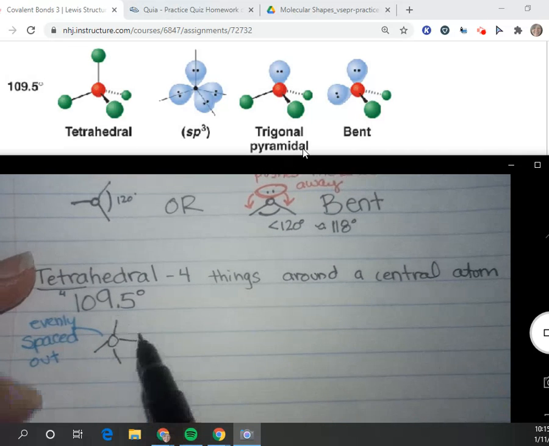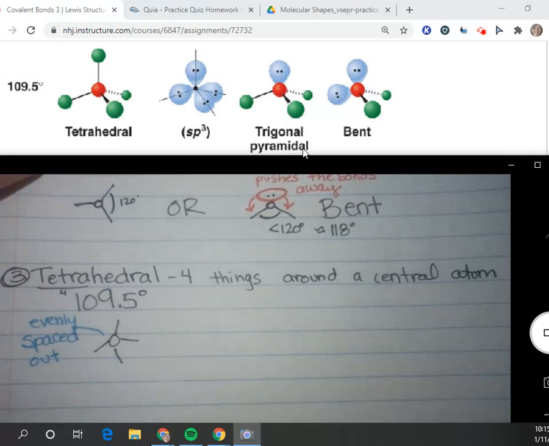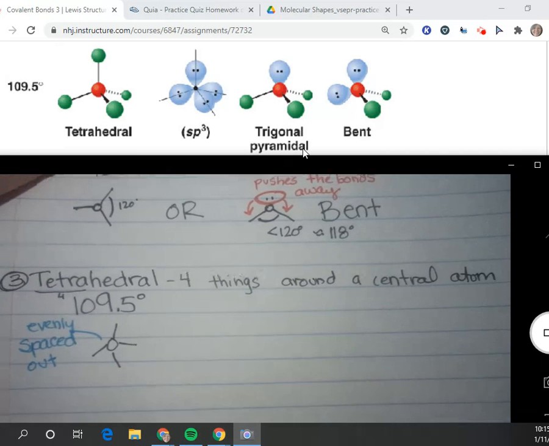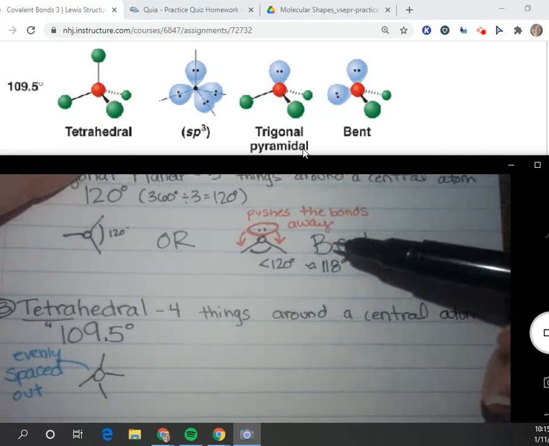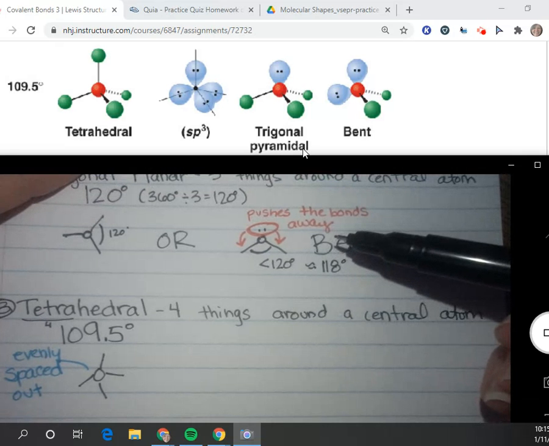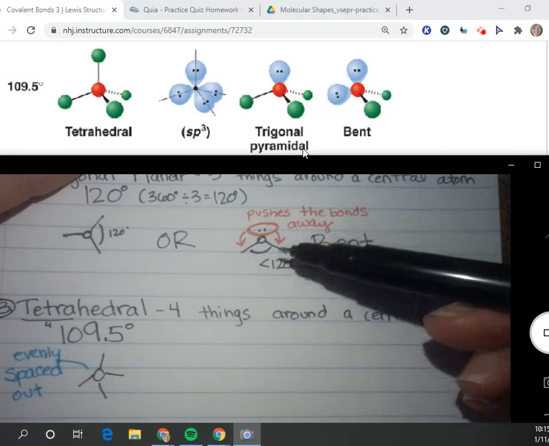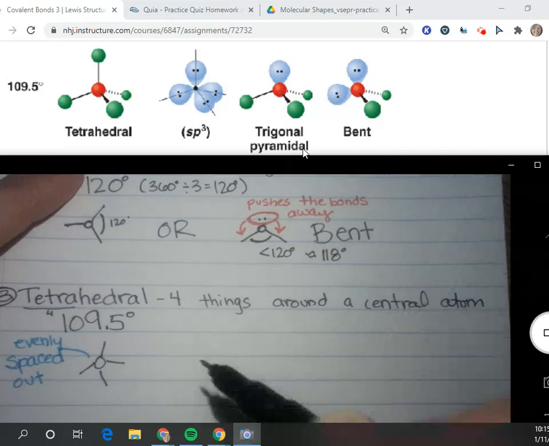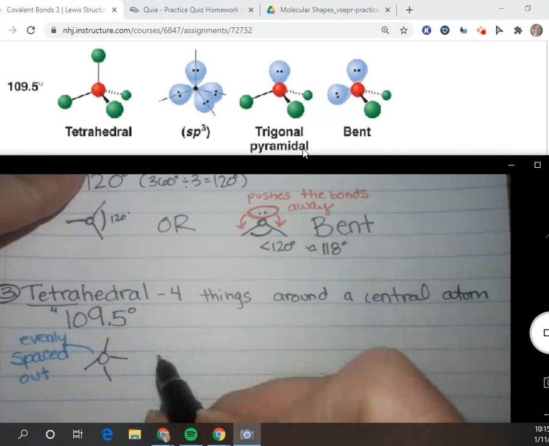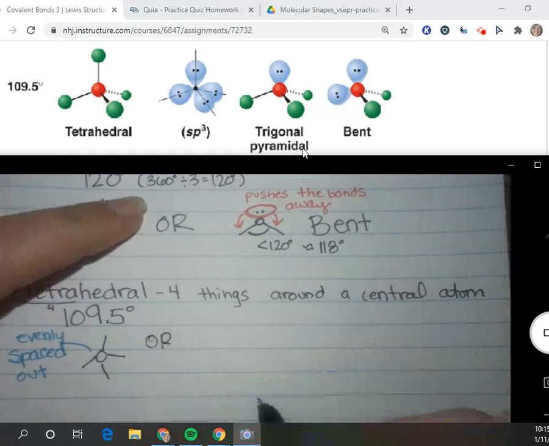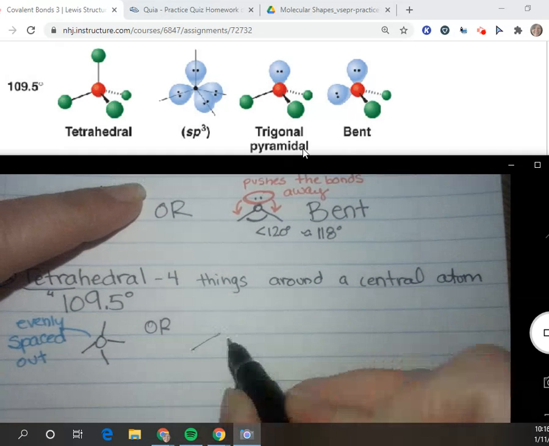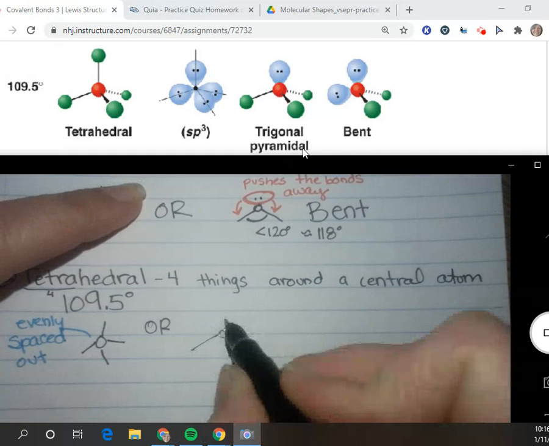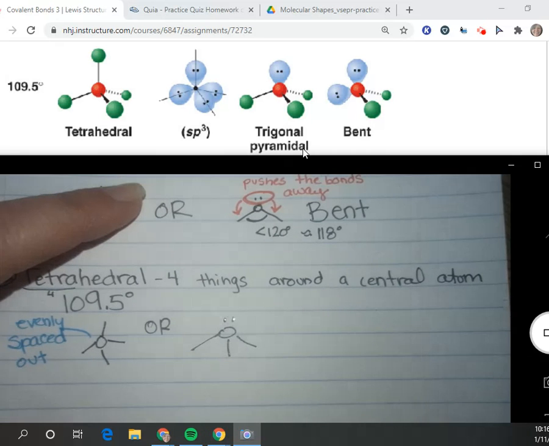But what if one of these is an unshared pair? What did we see up here? That unshared pair is going to push the bonding electrons away a little bit. So we got an or. We could have our central atom, 3 things, and our unshared pair.